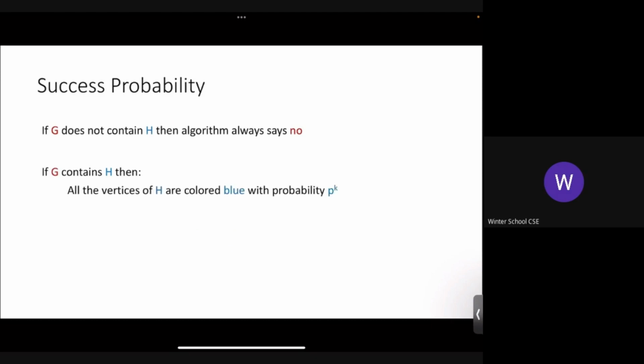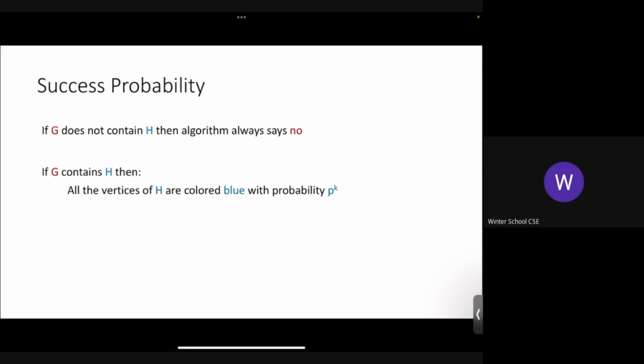My claim is that if G doesn't contain H, then the algorithm always says no. Whatever coloring we do, we will not be able to find a graph isomorphic to H. So if we have a no instance, the algorithm also will say no. Now suppose that our graph G contains H. Let's stare at this H in the graph G. What is the probability that all vertices of graph H will be colored blue?